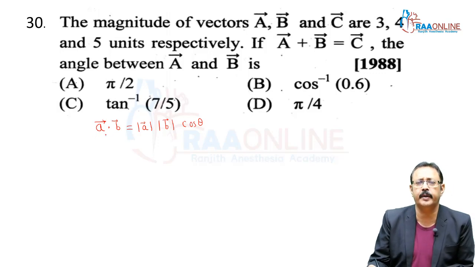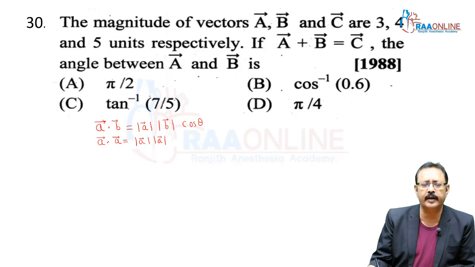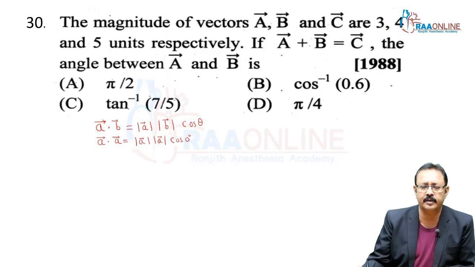If in place of B, I will write A, see what will happen. A dot A, mod A, mod A. Since both vectors are the same, the angle between them should be 0 degrees, and you know that cos 0 degrees is 1.